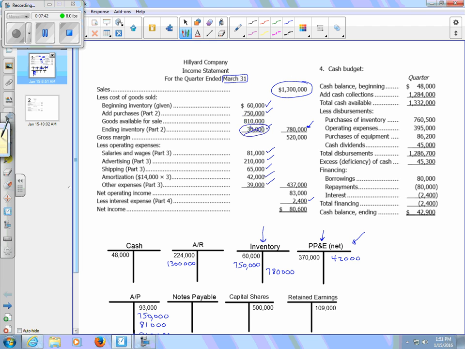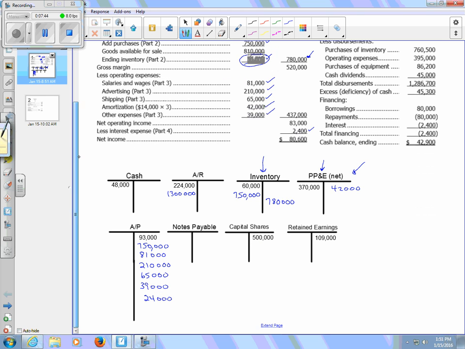I just took the interest expense and put it into the accounts payable account. The ending inventory I didn't do anything with, because that's going to be the balance in the inventory account. Other questions?